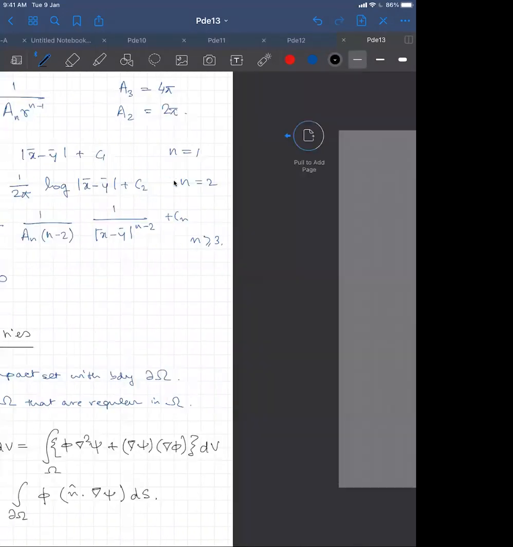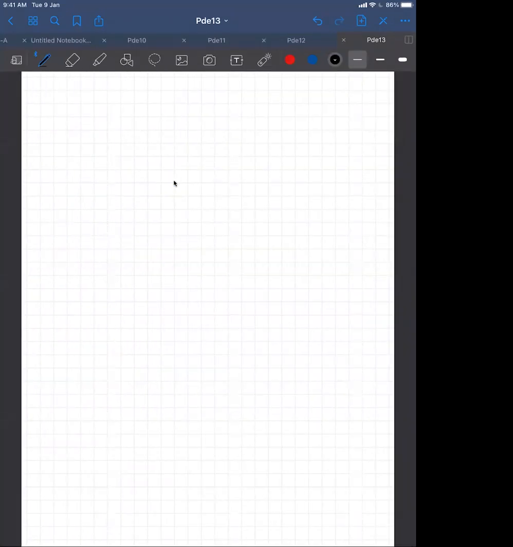And now let's interchange psi and phi. Then what you have is the integral of del of psi phi dv is going to be similarly psi n dot grad phi ds.